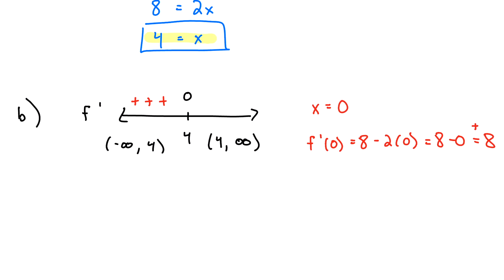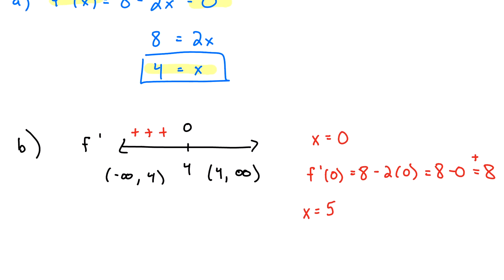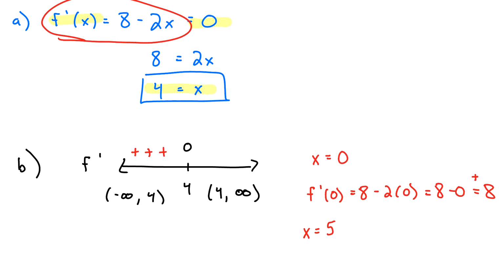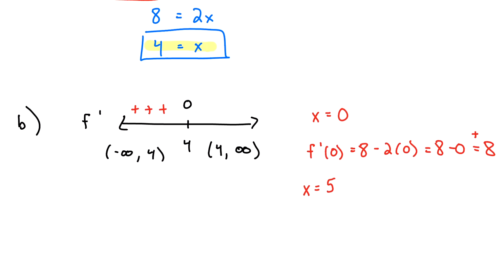We've got to do the right-hand side now. So I'm going to pick a number in between 4 and positive infinity, or you can think about that as a number on the right-hand side of 4. So I'm going to pick x equals 5. And again, I'm plugging that into my first derivative, which we found in part A. I'm going to plug x equals 5 into f prime of x. So let's see, f prime of 5 is equal to 8 minus 2 times 5.